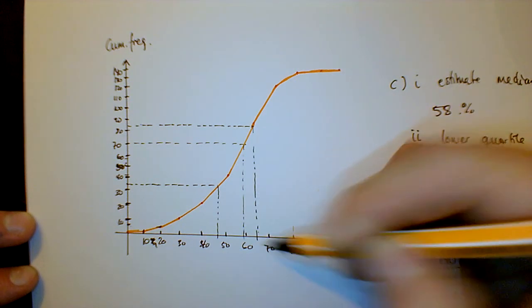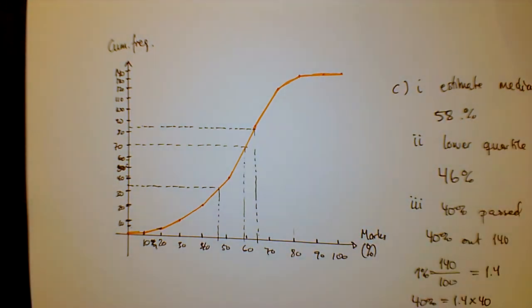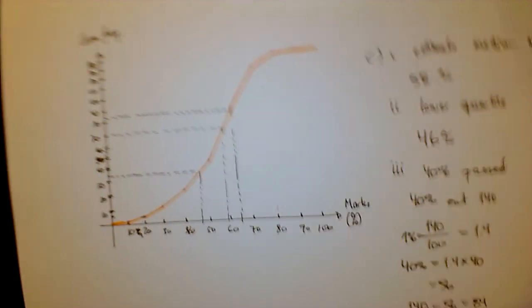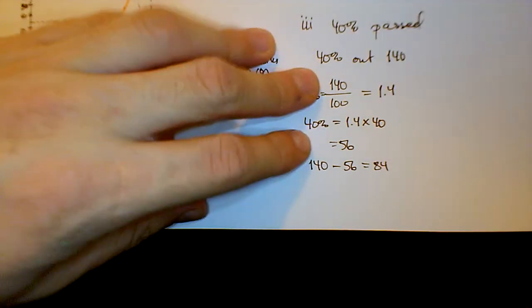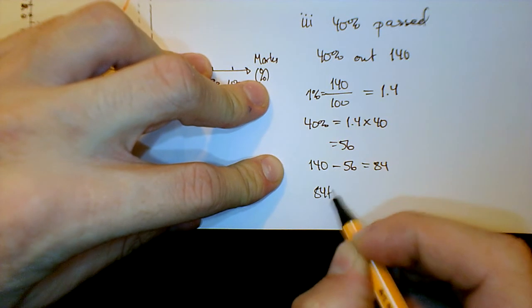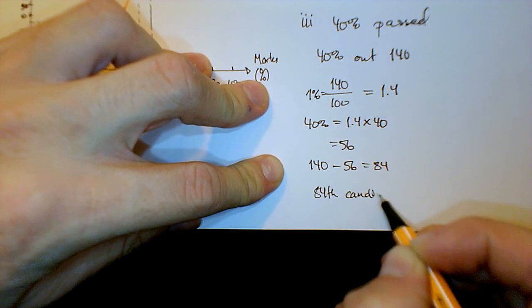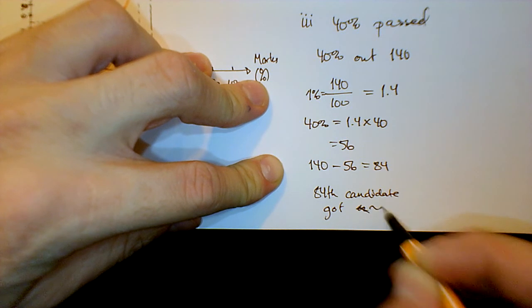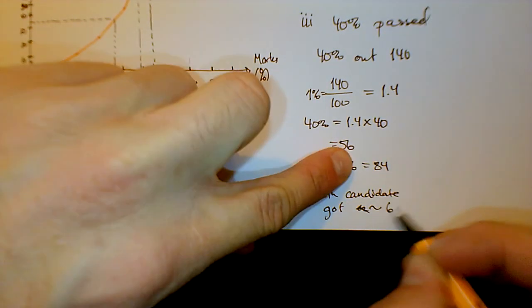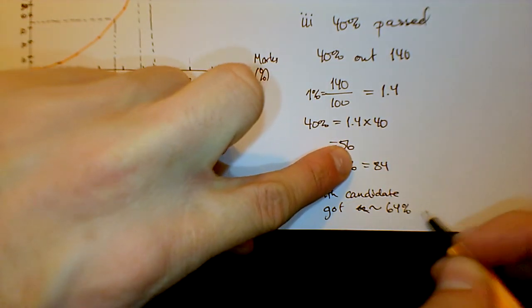So according to that, the 84th candidate got approximately 64%. If you got another number, keep in mind that you might have been more accurate than me.